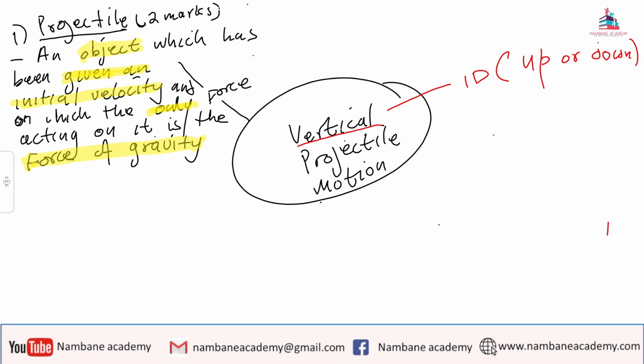It says to me, once I have all these other forces, then it is not considered to be a projectile. For it to be a projectile, the only force, keyword, the only force there must be the force of gravity or the gravitational force. That is when we can consider an object to be a projectile.